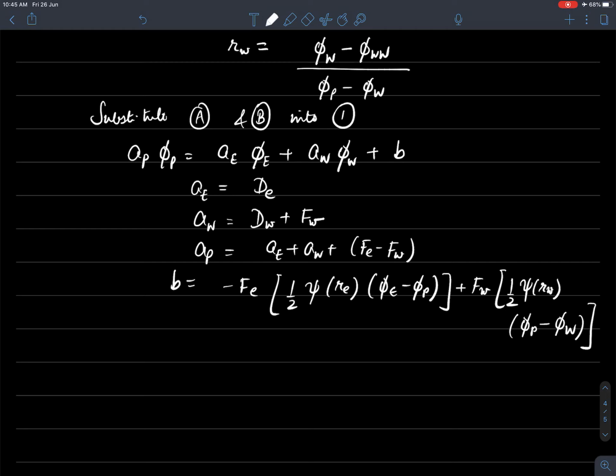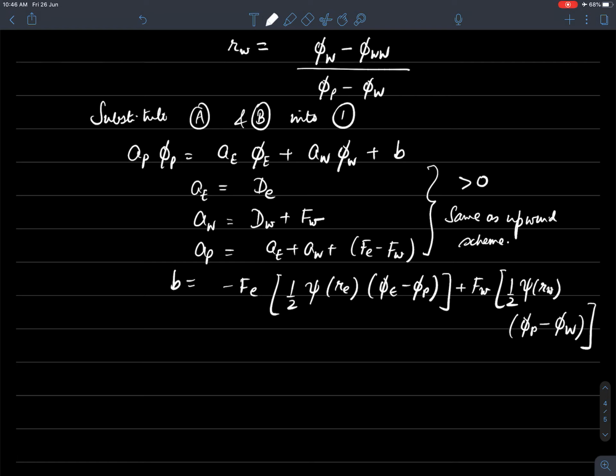Now, one thing that you have to notice very carefully here, and something which I have gone over very quickly, is that I have ensured in this formulation that the coefficients are all positive, and they're the same as the upwind scheme. So we know that the upwind scheme is stable. By writing it this way, we have ensured that the solution would be stable.